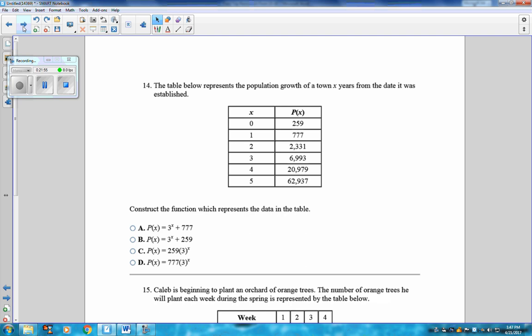And if I keep multiplying, I'll realize I'm just multiplying by 3 every time. So that means I'm going to use y equals a times b to the x power. A is my start value, so I'm going to have 259. B is what I get when I divide 777 by 259, which we said was 3, to the x power. So my answer is going to be C.